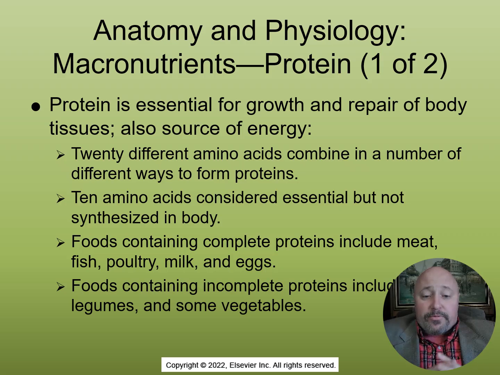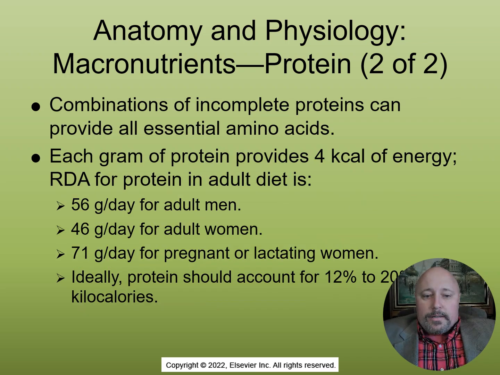These are going to be obtained from foods with complete proteins, things like meat, fish, poultry, milk, and eggs. Foods containing incomplete proteins include things like legumes and some vegetables. It's in dealing with the combinations of incomplete proteins that a person can get all of their essential amino acids without the use of meat, fish, poultry.